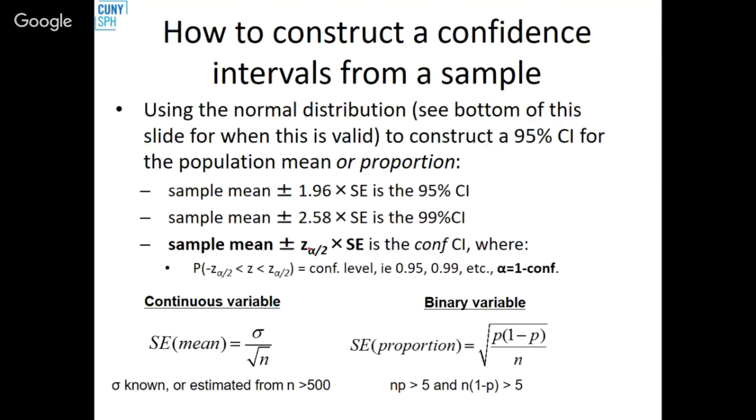So for 0.05, i.e. the 95% confidence interval, you look up the z quantile for 0.025. If you want the 99% confidence interval, you would look up the z-score for the 0.005 percentile.